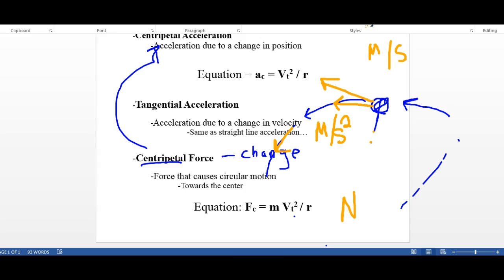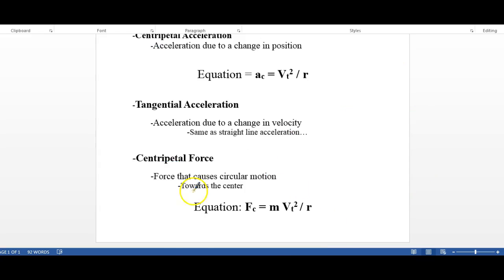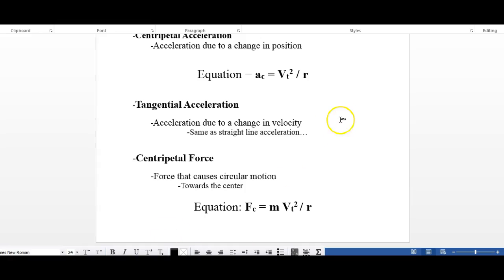Then the only other thing we really got to talk about, and it's not exactly on here, but we should probably talk about it, is the idea of centrifugal force. I'm just going to type this in there real quick.